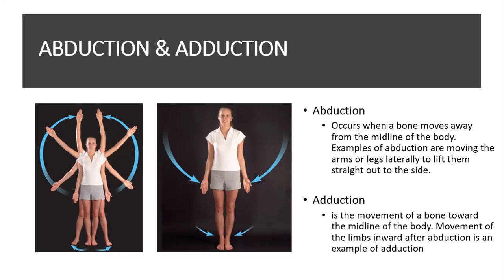If you take a look at the movement, the movement is actually splitting the body into front and back halves. So abduction and adduction. Abduction, moving away from the body. Adduction, moving towards the body. A good way to remember it: when you're doing adduction, you're coming back to the body. All right?